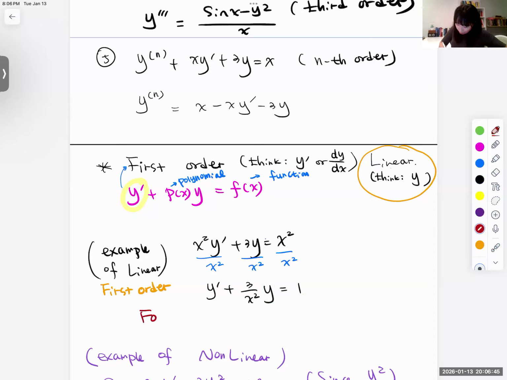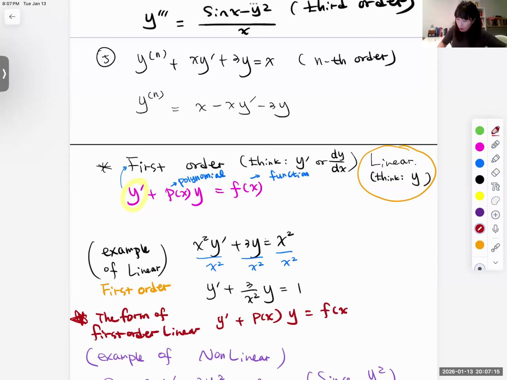Let me write down the form of first order linear, the standard form: y prime plus p of x times y equal to the given function. Make sense?